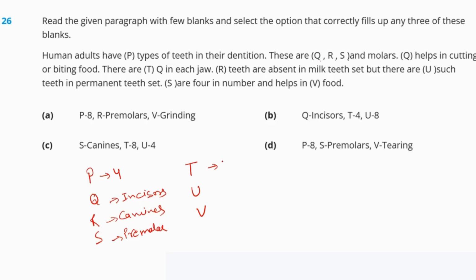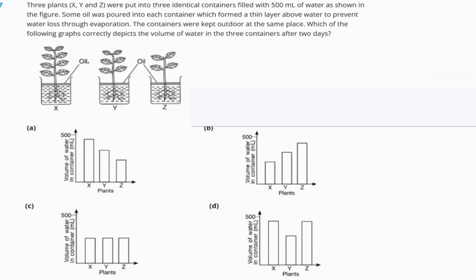We have 4 incisors in each jaw. And there would be 8 such teeth, and it is 4 in number and helps in grinding. If I see the 3 good combinations here, the perfect combination would be option number B over here.